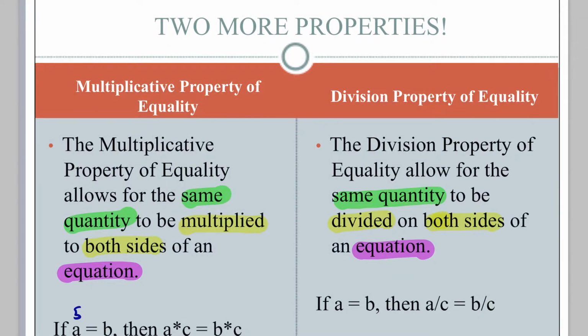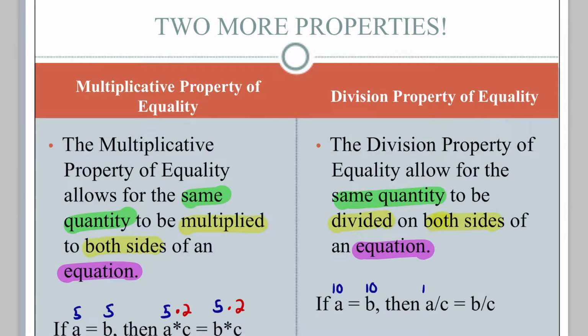Using our same numbers, 5 and 5, times 2, times 2. 10 is equal to 10. The values did not change. Let's make it a little prettier numbers.